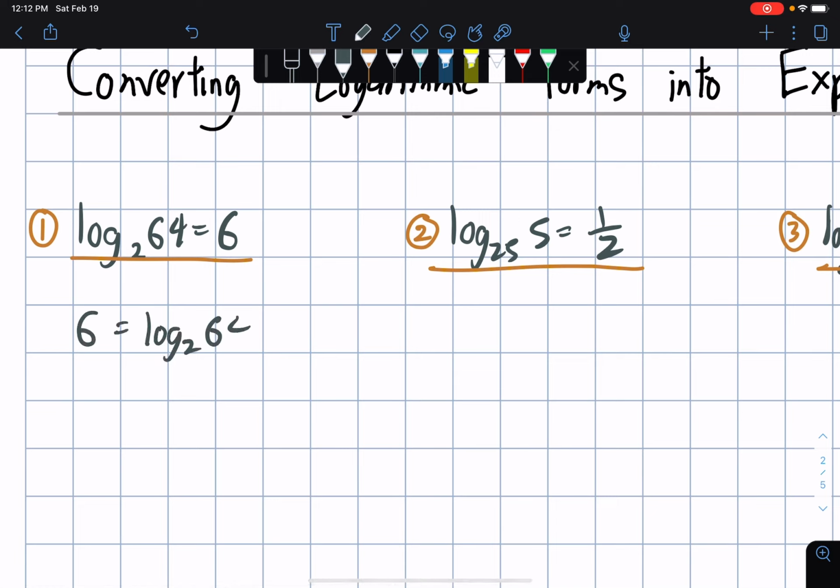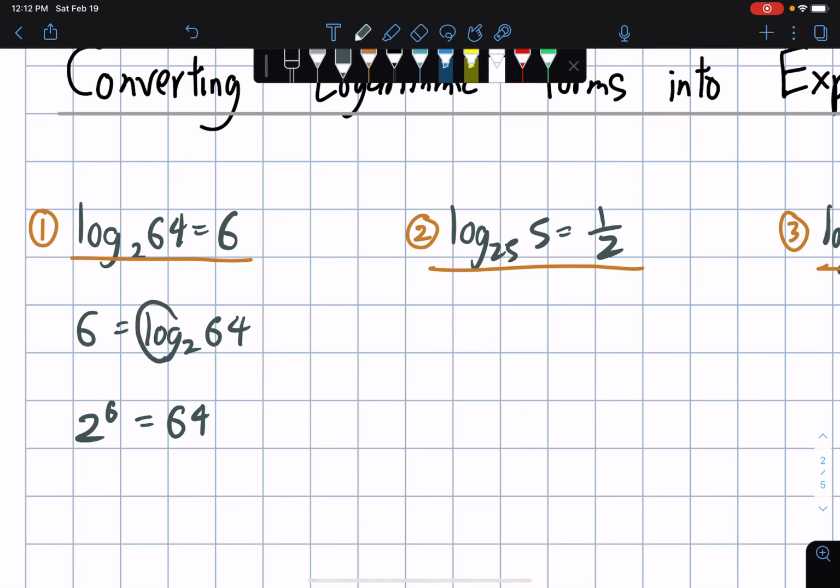What's at the left will be at the right, and what's at the right will be at the left. After that, just acknowledge that the sub-value will always be the base at the left side, the value at the left side will always be the exponent, and the value at the right side will become our value at the right side. We'll just keep it as is.